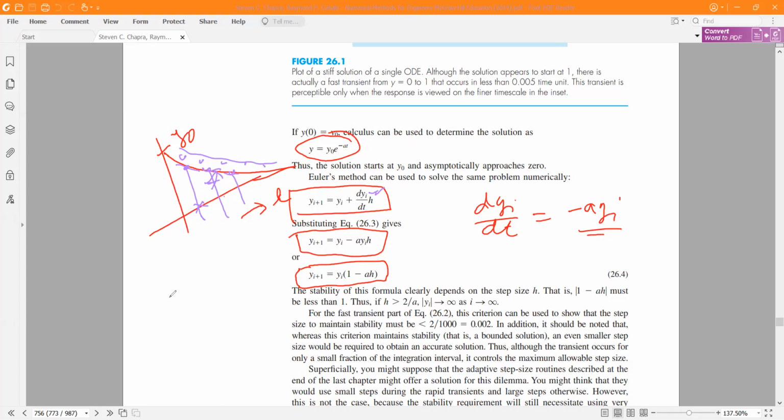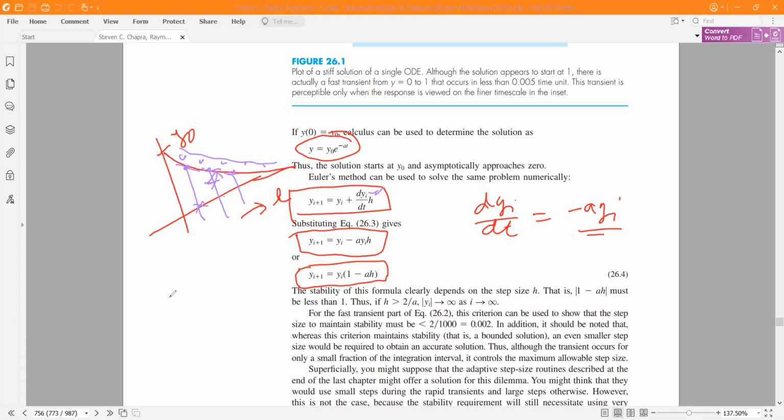In addition to the accuracy problem, accuracy is what? Accuracy means discrepancy between the actual solution and the solution that you are obtaining. But in addition to accuracy, we have another problem that will occur when your error gets amplified in your subsequent calculations.